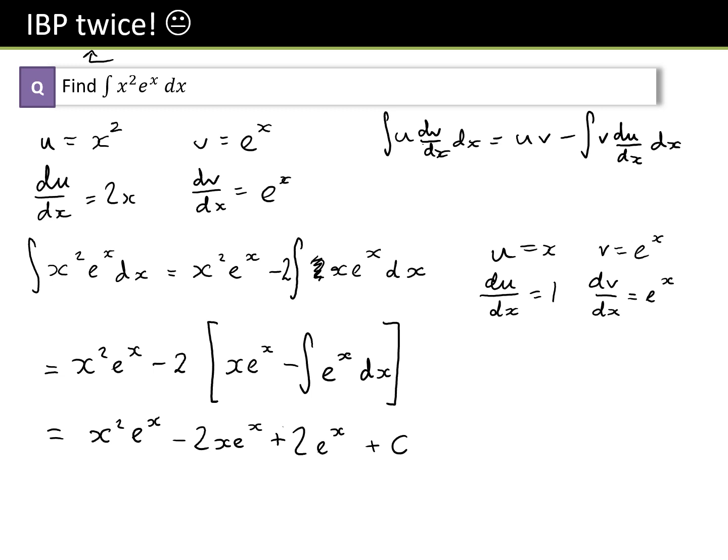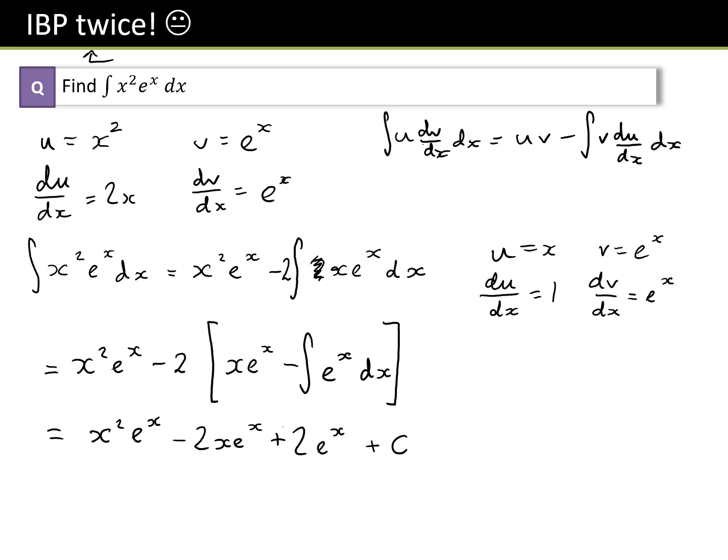So I'll start back from here. So minus 2 integration of x e to the x. This is another thing where two things are multiplied together, so we need to use by parts. One needs to be differentiated, one needs to be integrated.